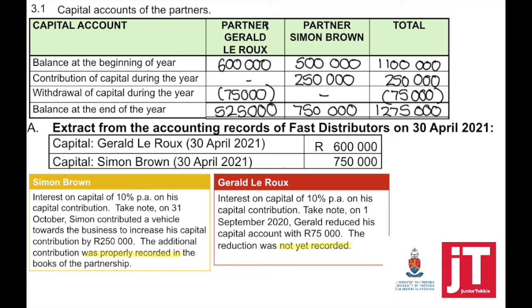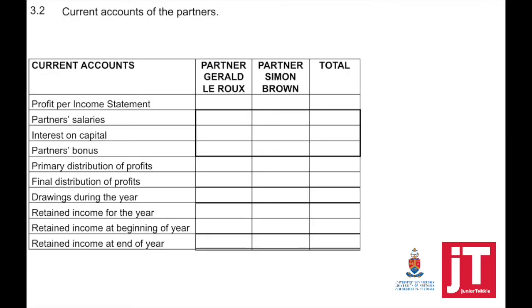Now we can calculate the end balance. We've got two options. We can either take the beginning plus minus, or we can say partner Gerald plus partner Simon equals, and the answer must be exactly the same.